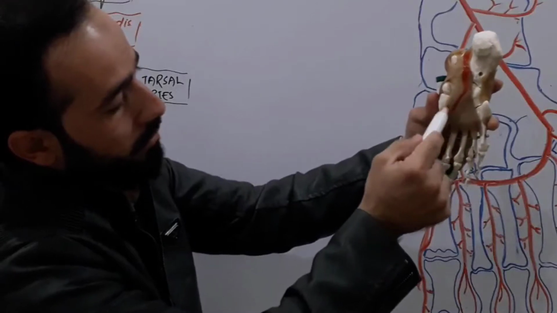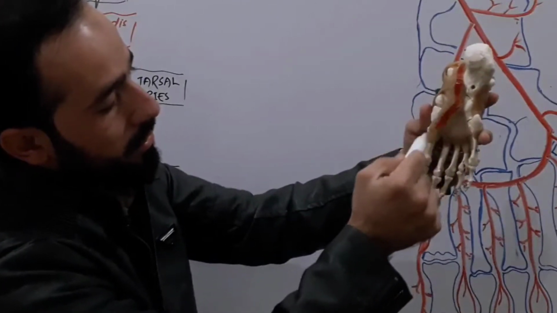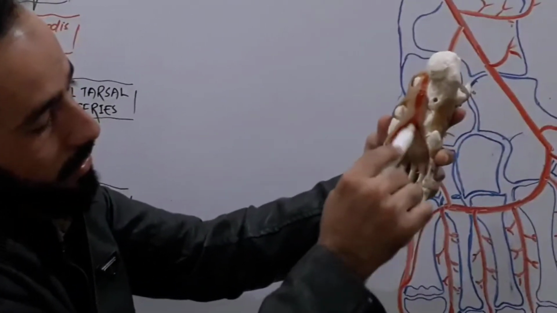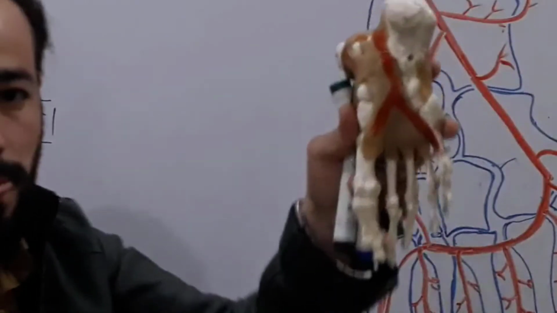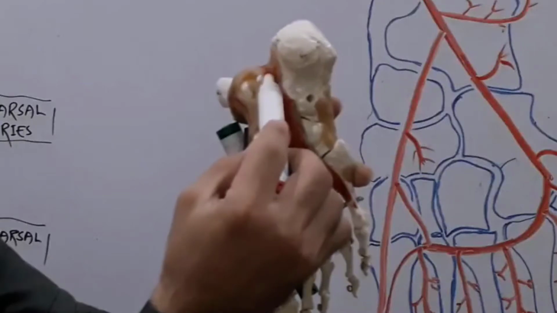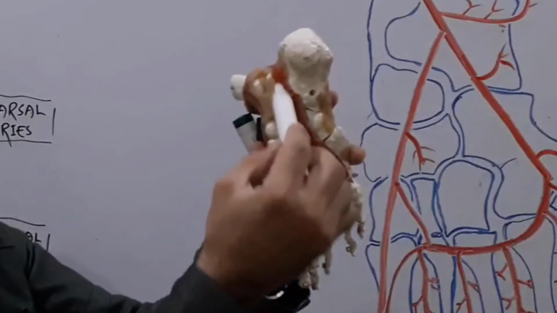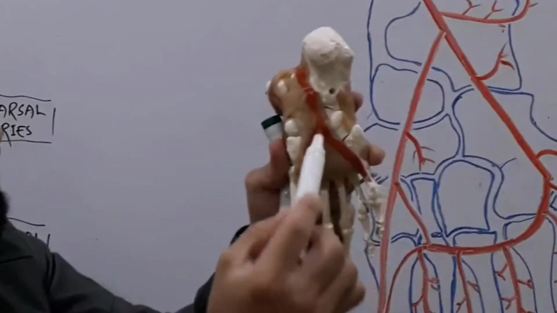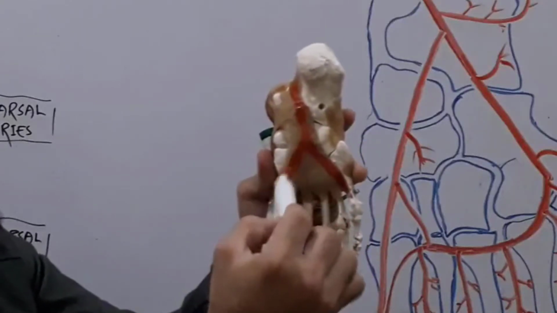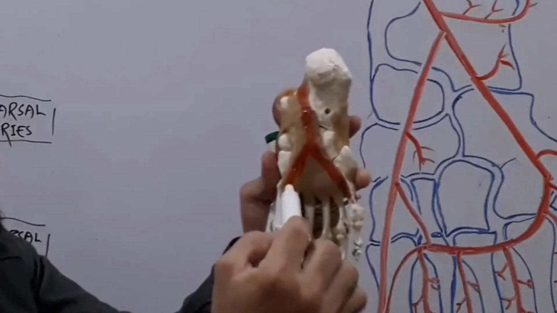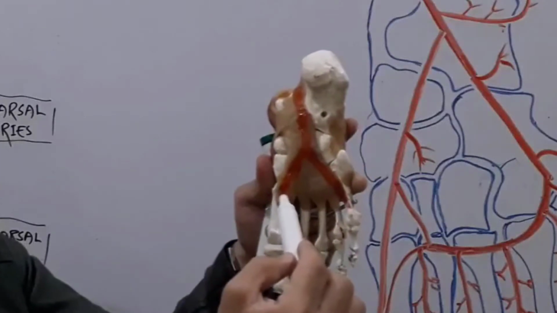Then it gives off a medial branch and a lateral branch like this. The posterior tibial artery comes to the plantar surface of the foot, then moves a little laterally and gives a branch medially, which is called the medial plantar artery.